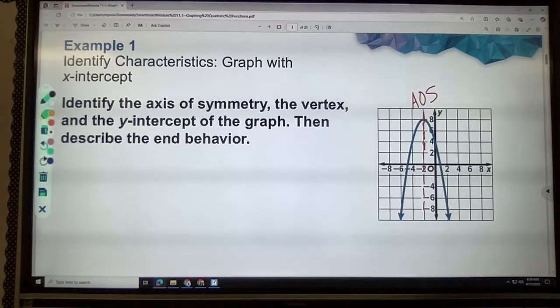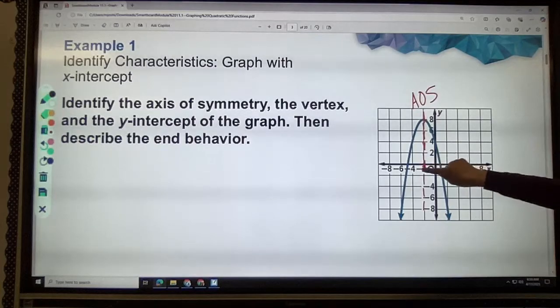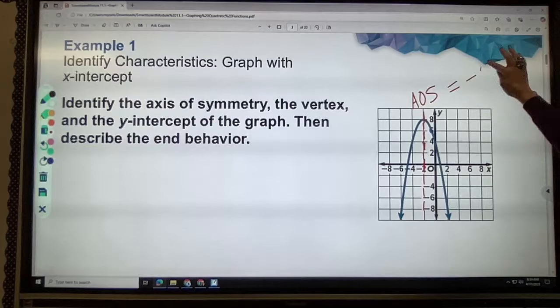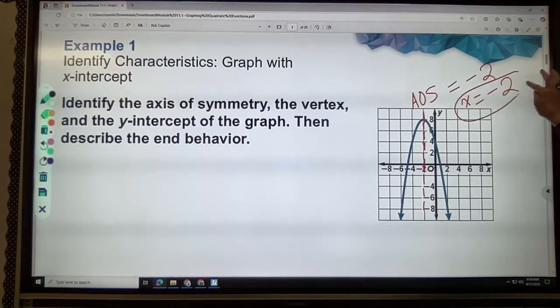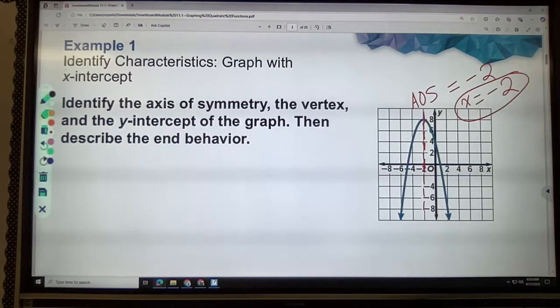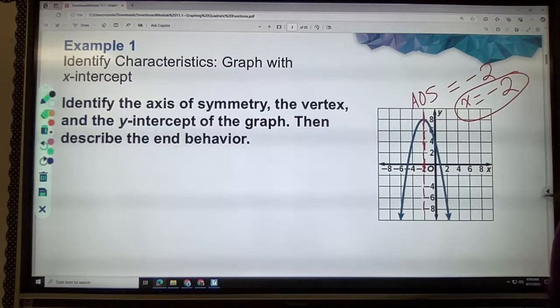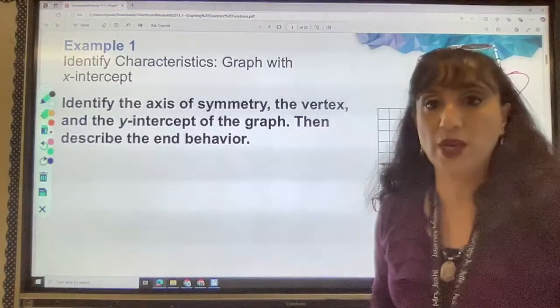So where is my axis of symmetry? It is going to be here. What is x in there? It is -2. So x is equal to -2, and that is my axis of symmetry. Then I'm going to look at the vertex, and the vertex is located in this graph at the maximum point.